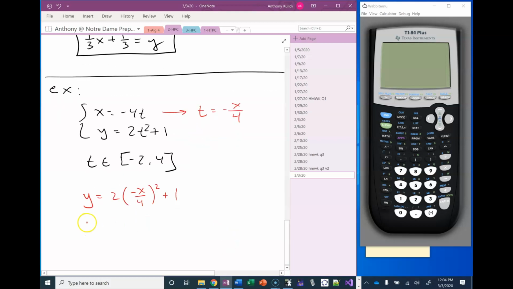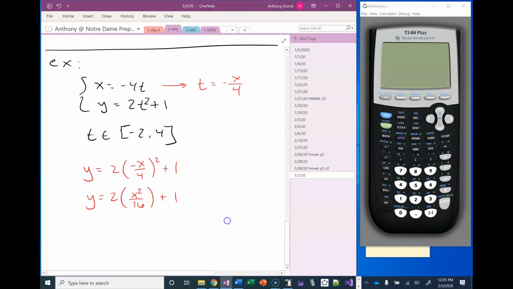How do I square a fraction? Well, I square the numerator and then I square the denominator. And then how do I multiply two fractions? Multiply the tops together and the bottoms together. So that gives me 2x squared over 16. And when I reduce that, I end up with x squared over 8 plus 1.